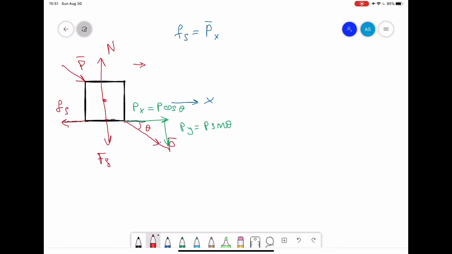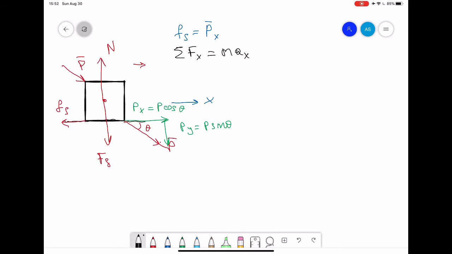Now let's write down the forces for the x component and the y component. First, for the x component, the sum of the forces in the x direction is equal to max.